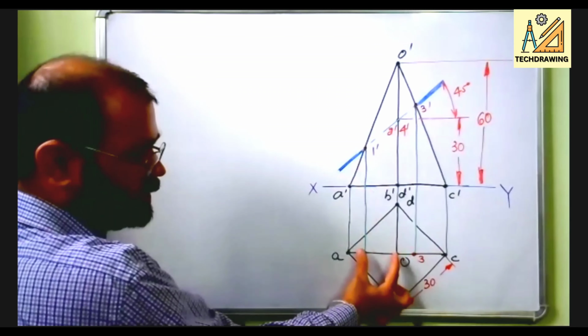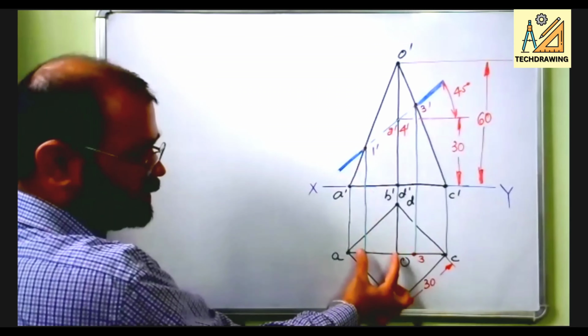Again, I am repeating, let us say this is the center. So this distance will be less, this distance is large. These two are unequal distances, but this distance from the center and this distance from the center will be equal.